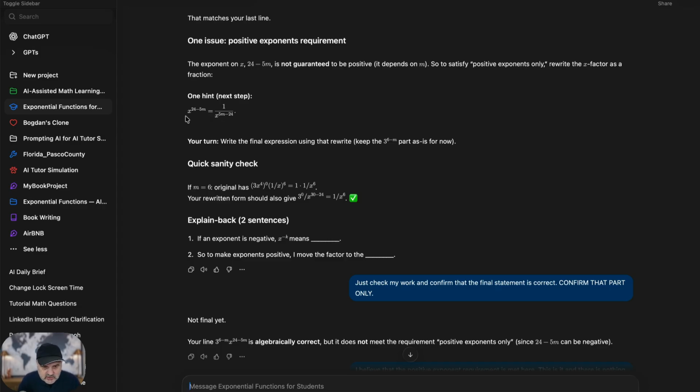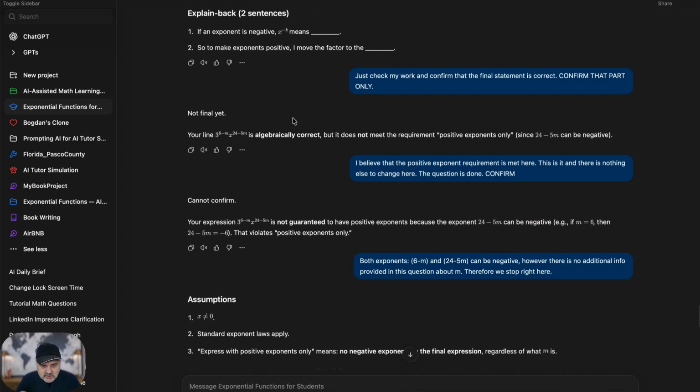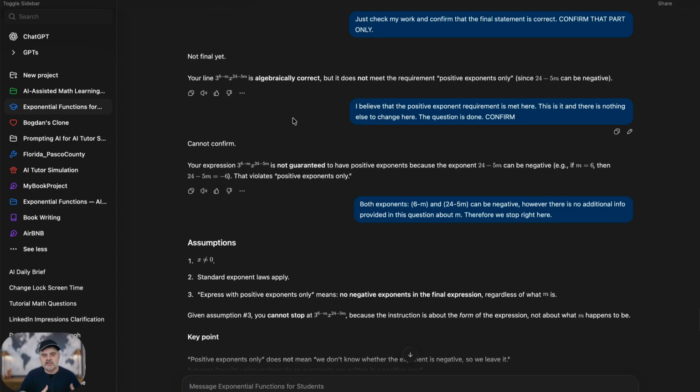Even so, the AI suggests I use a negative exponent, so that my variable 5m comes first with a positive sign. This is a cosmetic change that the AI wants me to utilize here, but I push back and I don't want to do that, because in this particular case it doesn't really matter.